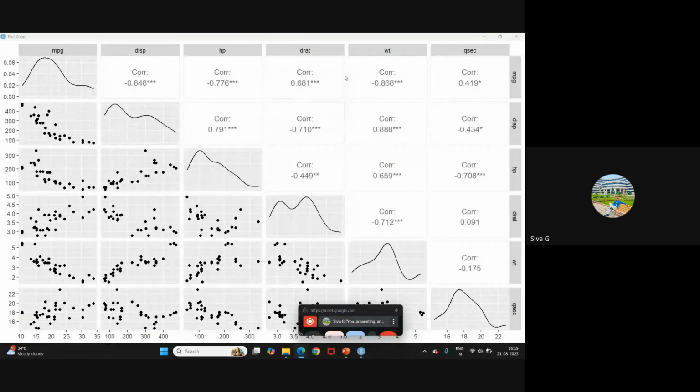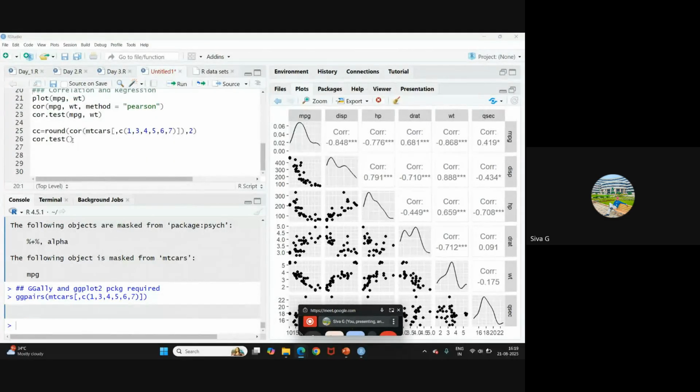I hope this helps you consider whether these correlations are significant or not. Hope you understand. Instead of going with another test, I have already performed this one, and now I can easily understand which correlations are significant.